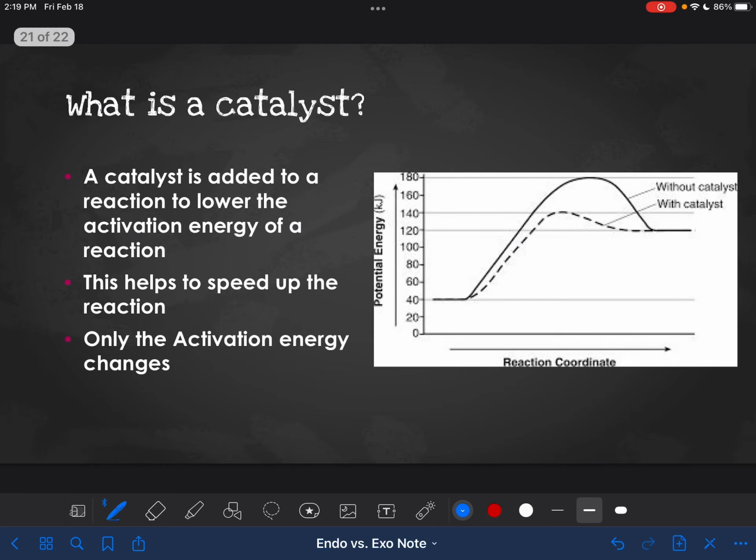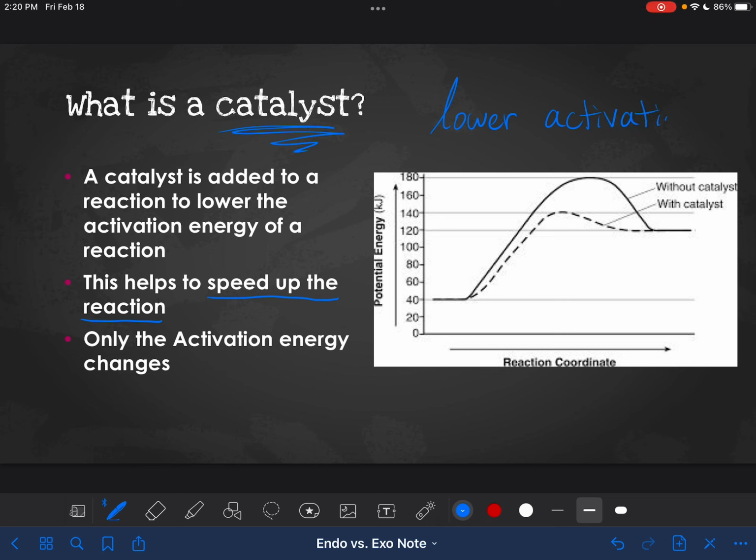So, actually, before we finalize this, there is one more term that I forgot to mention. It's called a catalyst. You probably have seen catalysts in middle school. A catalyst is a way to speed up a reaction. That is probably the definition you have heard of. But in this potential energy diagram, it means lowering the activation energy.